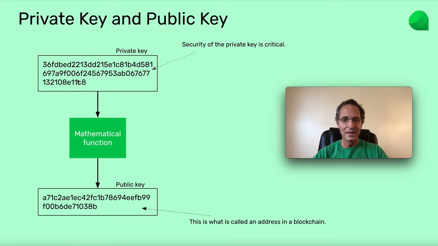The private key is a very large number and it passes through a mathematical function, which is a one-directional mathematical function, and it produces the public key. The public key is called public because it may be known by anyone, and from the public key to try to figure out the private key or secret key is practically impossible.